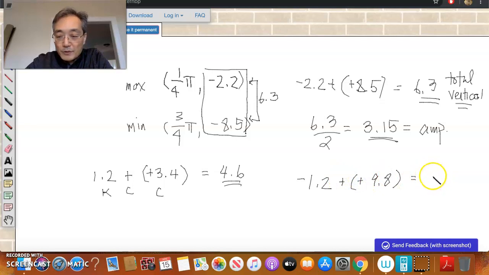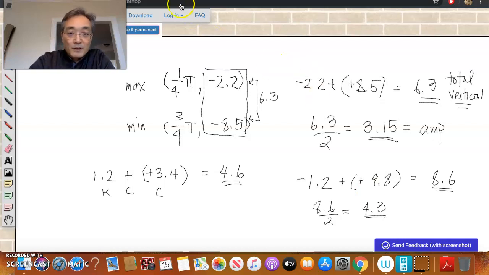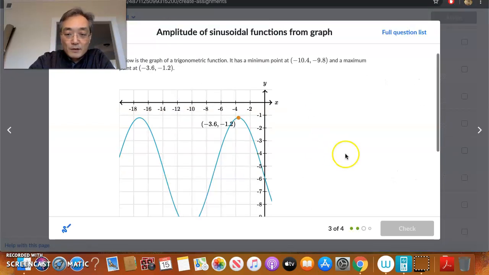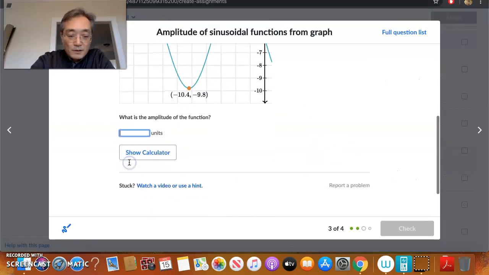So this comes out to 8.6, I believe. That's the total vertical distance, and then we take half of that. 8.6 divided by 2 is equal to 4.3. And there's your amplitude. Let's plug that in. 4.3.